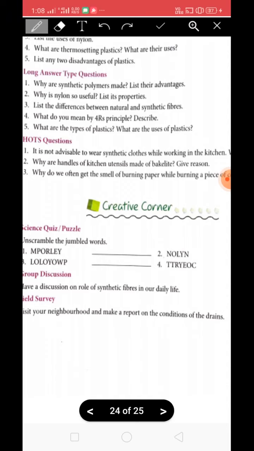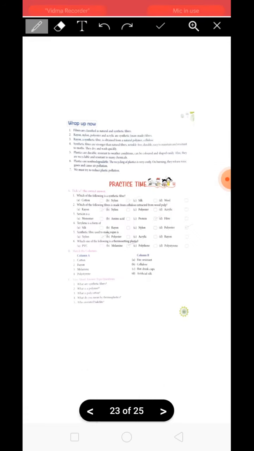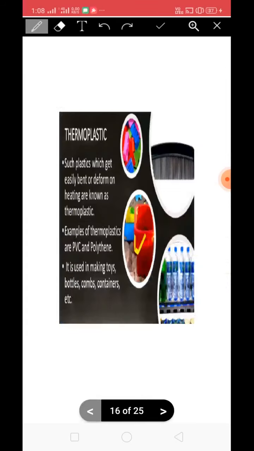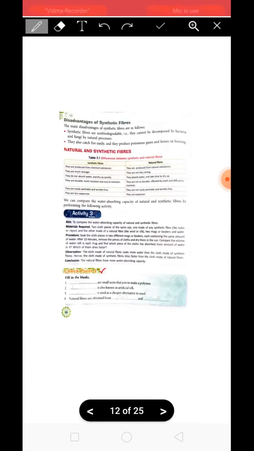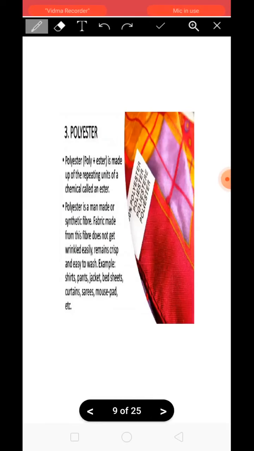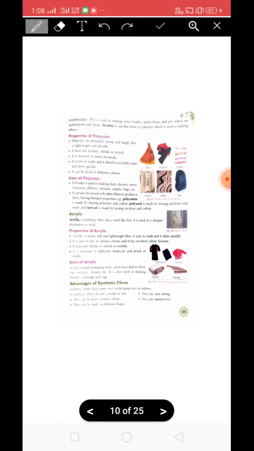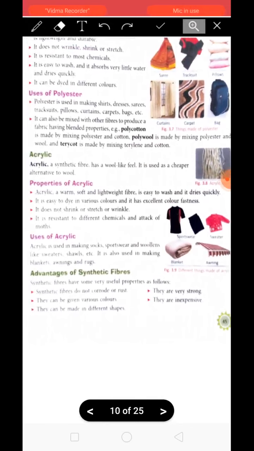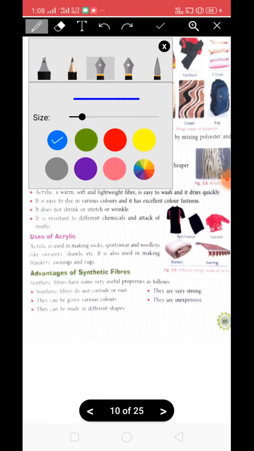So we need to make synthetic fiber so that we can fulfill the need of this growing population. Now what are the advantage of synthetic fiber? Advantage of synthetic fiber are given in book in page number 45.